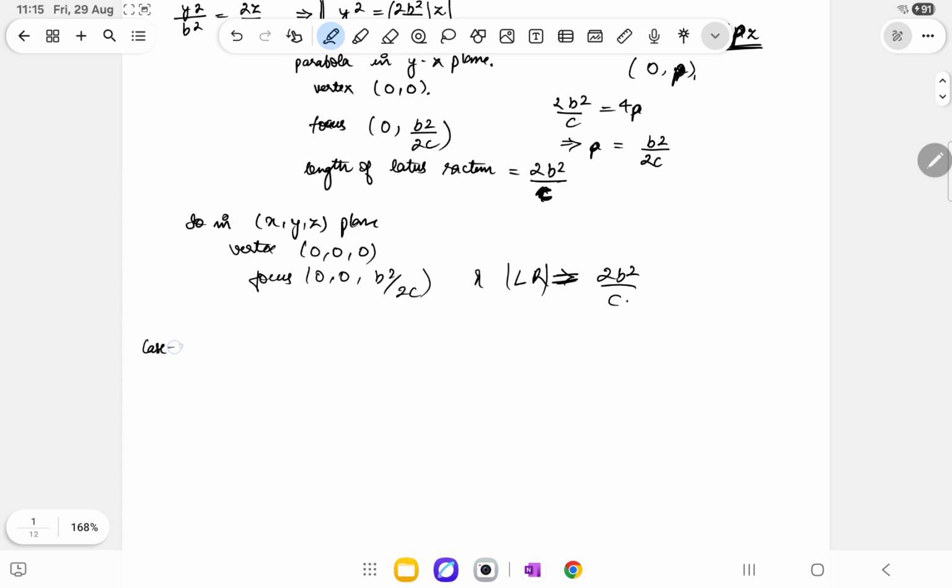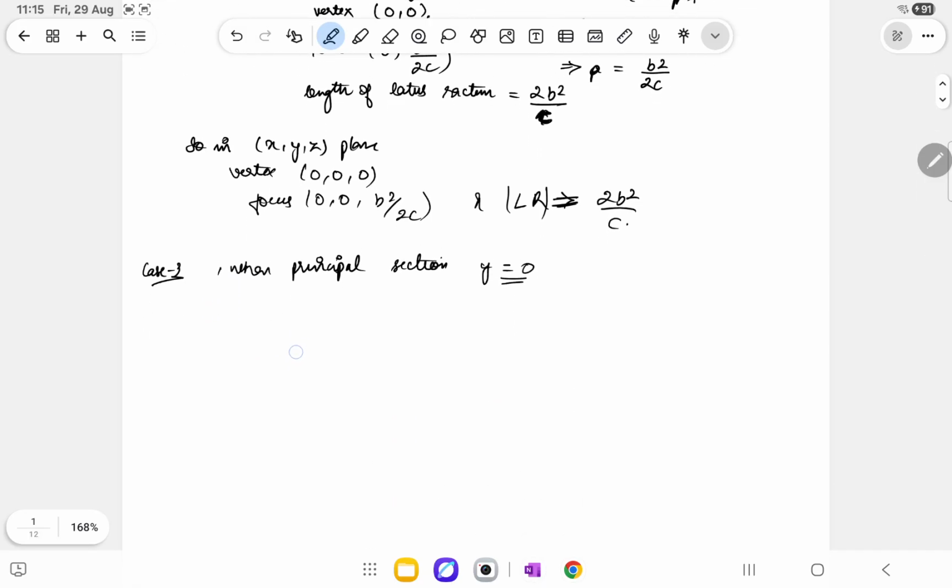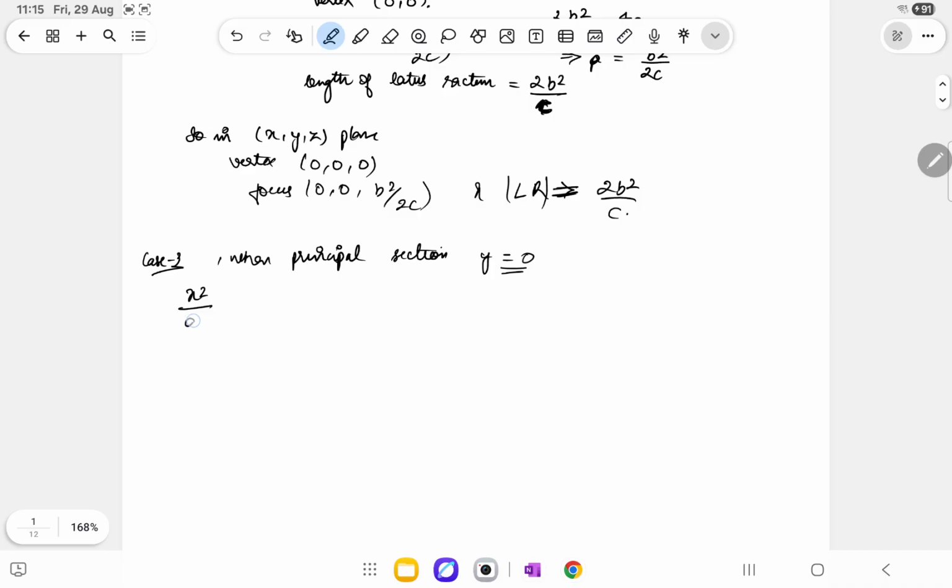Likewise for case 2, when principal section is y equals 0. When y equals 0, if I substitute it in the given equation of paraboloid, I'll get x square by a square is equal to 2z by c. So from here I got x square is equal to 2a square by c into z.